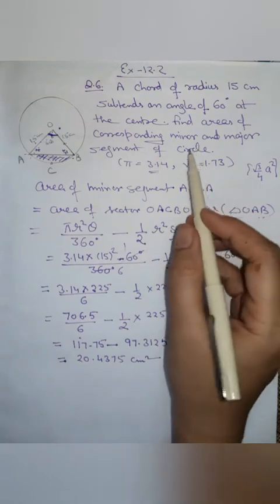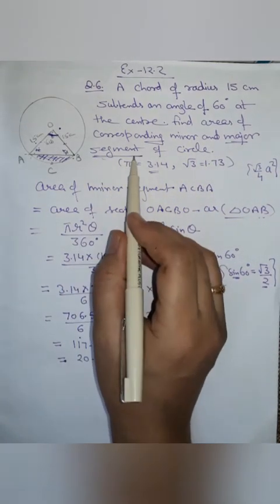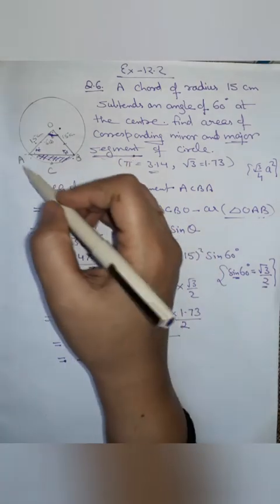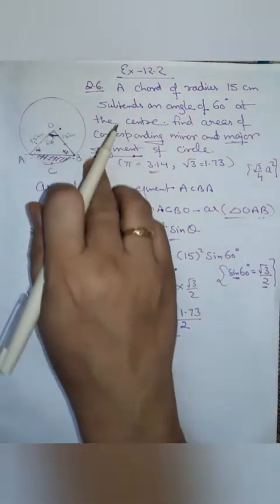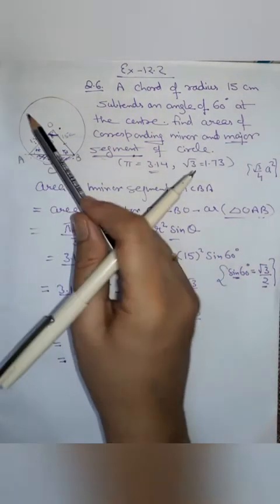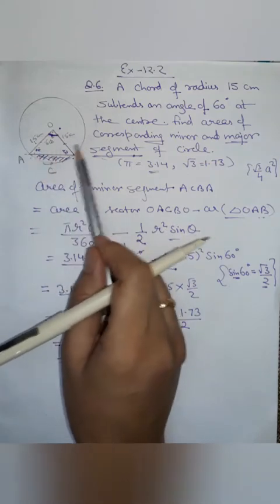They are also asking to find the area of major segment. How can we calculate area of major segment? If we subtract area of minor segment from area of circle, we get area of major segment. This is the major segment, which I am shading with pencil.